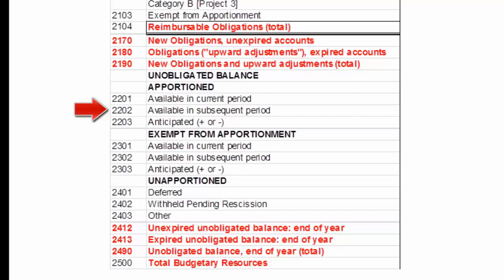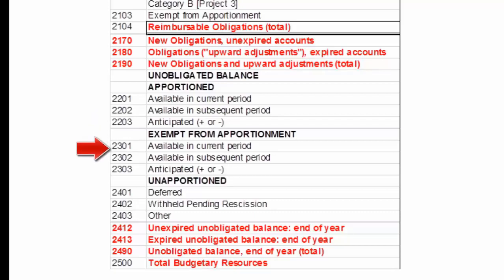In order to make the equation work, amounts apportioned in a future fiscal year have to be treated as apportioned in a subsequent quarter. Line 2203 reflects apportioned amounts that are anticipated but have not yet been obligated. For example, offsetting collections that you expect in the future.